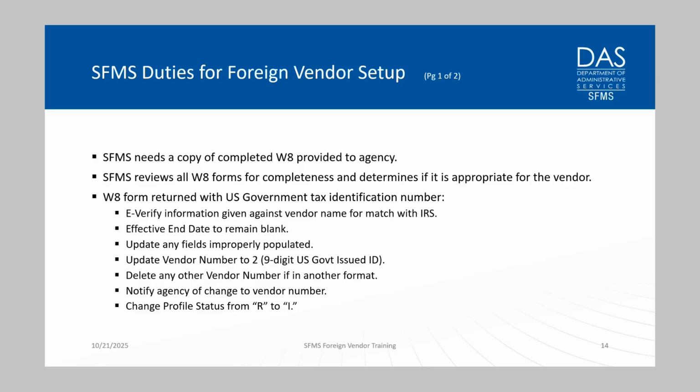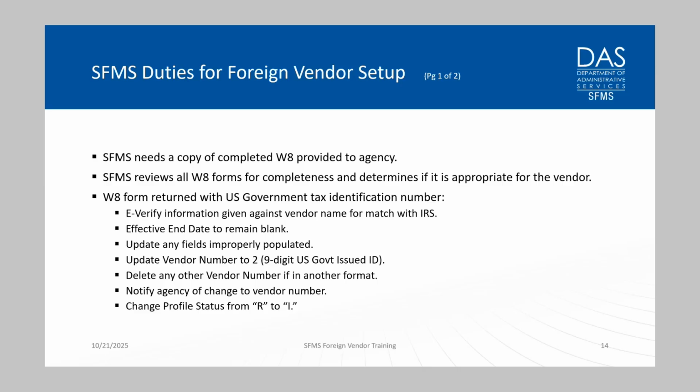So we do a TIN match, just like all the Social Security numbers and domestic vendors that are added to R-Stars every day. We assign an effective end date to remain blank if it is a U.S. issued ID, and we update any fields that are improperly populated. So we do a bit of cleanup.